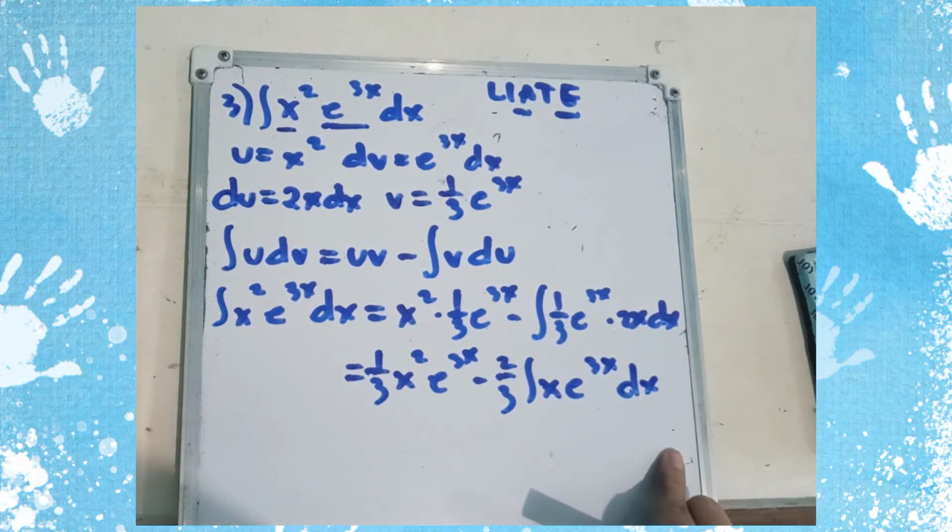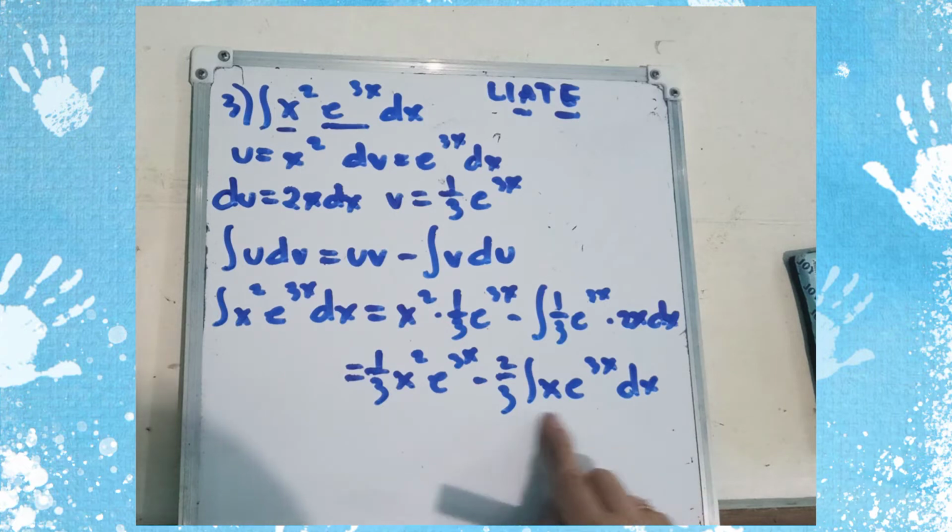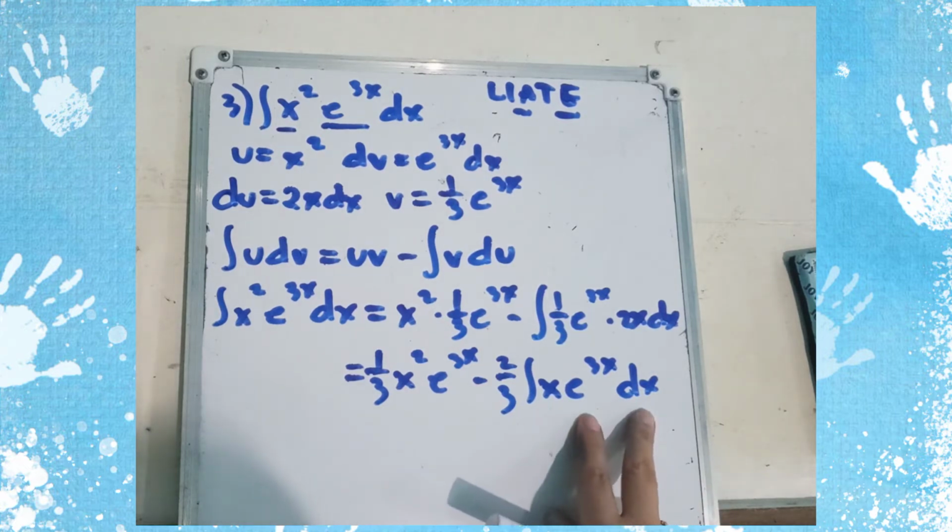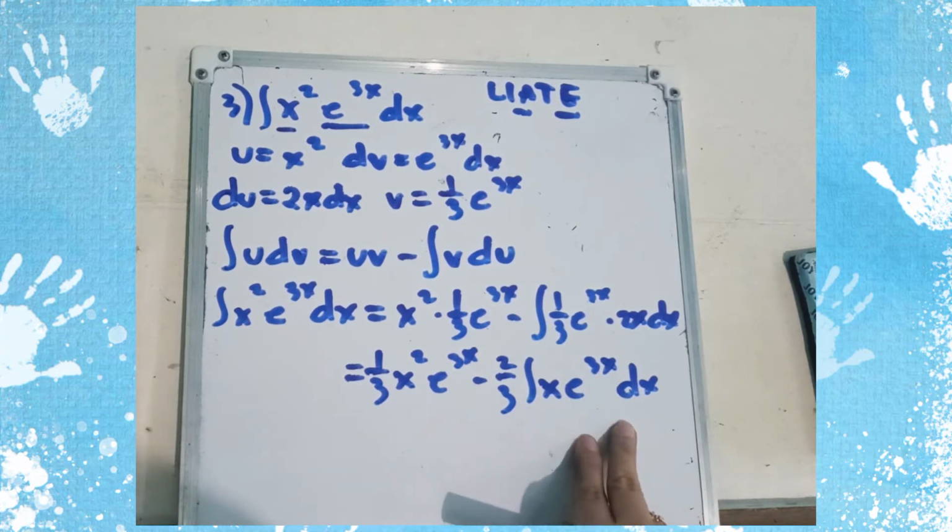Now in here we still have the product of two functions, an algebraic and an exponential. So in this case we still need to do another round of integration by parts.